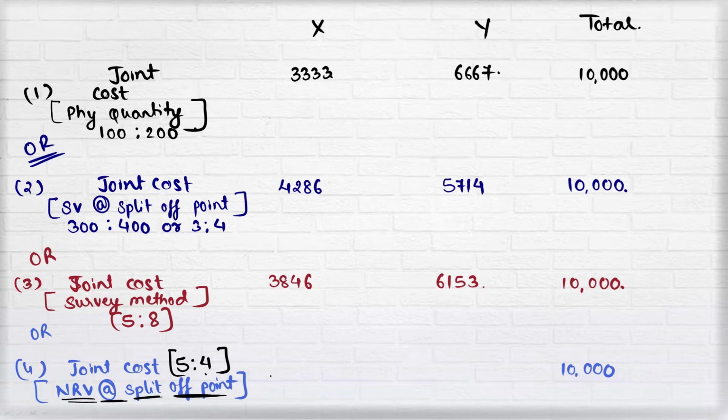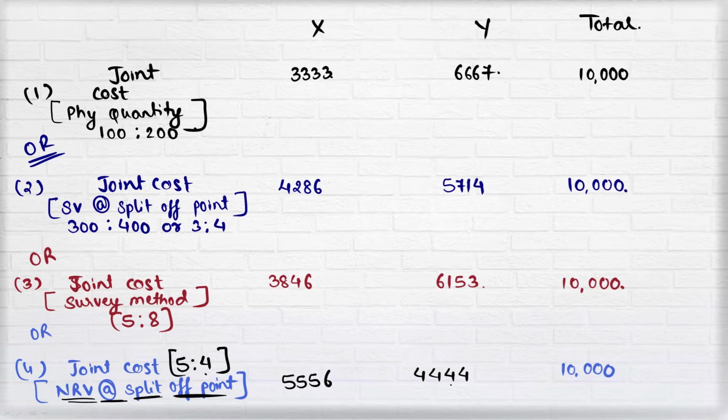What is the distribution? 5, 5, 5, 6 and 4, 4. See, product X in this case becomes more valuable. Why? After further processing, it is giving you more profit. So it is more valuable. More cost should be allocated to product X. This is what the NRV method is saying.